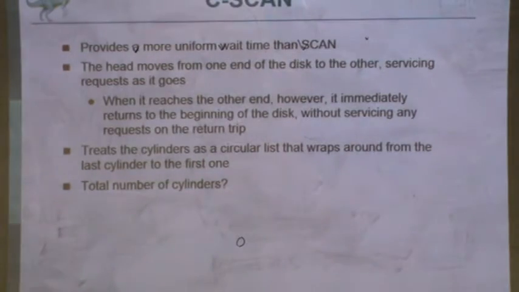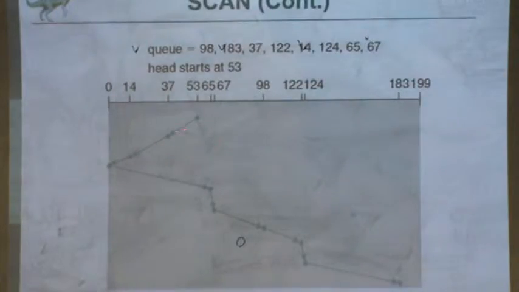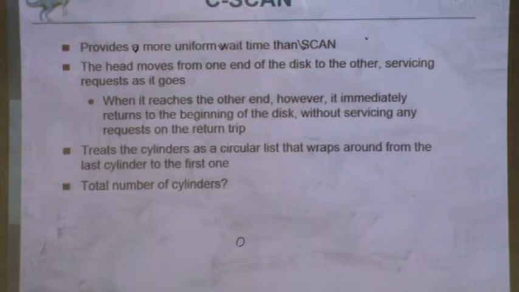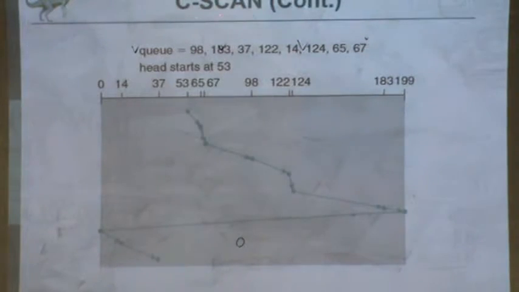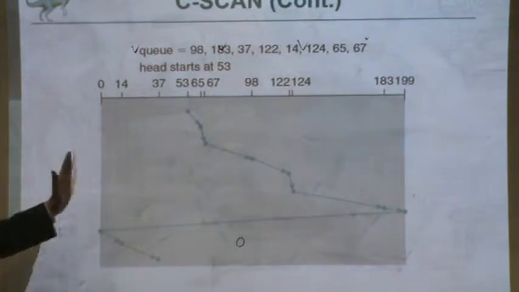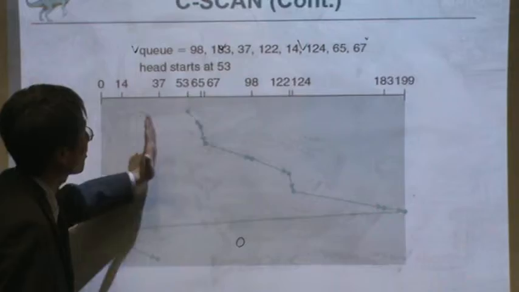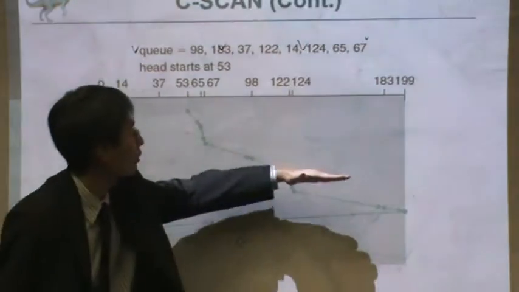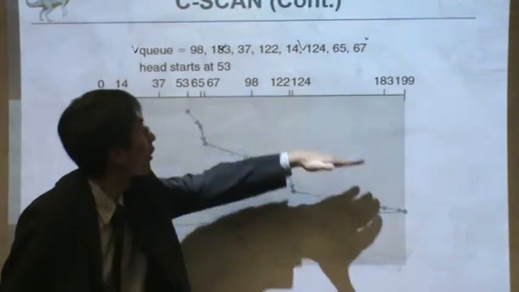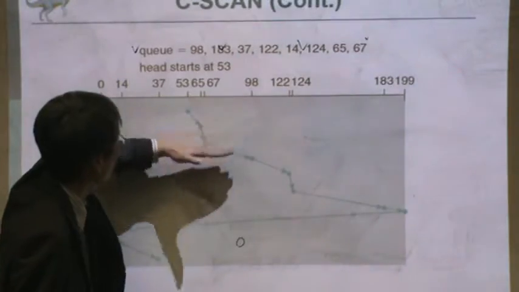C-SCAN. This one is reading the data in one direction. Why don't we consider only one way? It's called the C-SCAN. So it can move, for example, always from the lower cylinder to the higher cylinder number. It's moving this way, reading the data of the corresponding position.